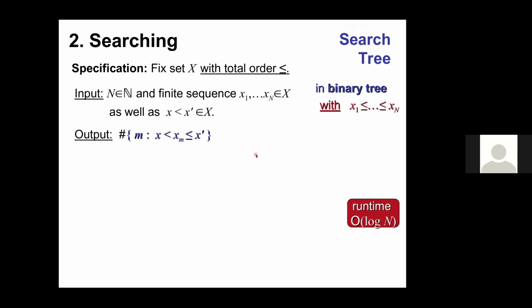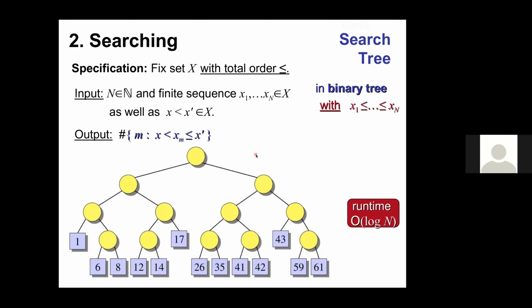Here I will show how one can use these binary trees to get a more or less equivalent but more general algorithm for searching, for one range counting and also binary searching, etc.